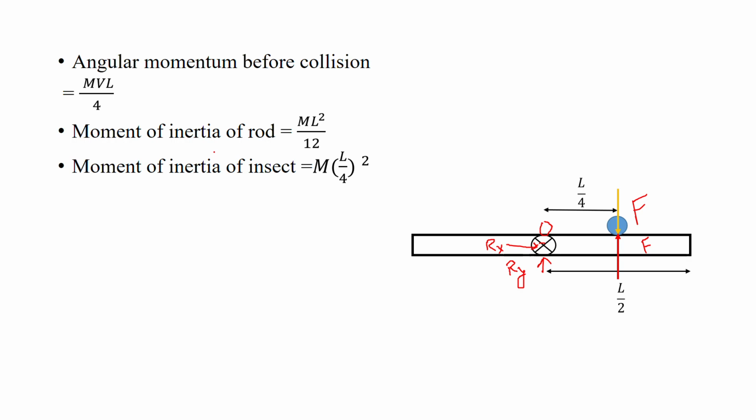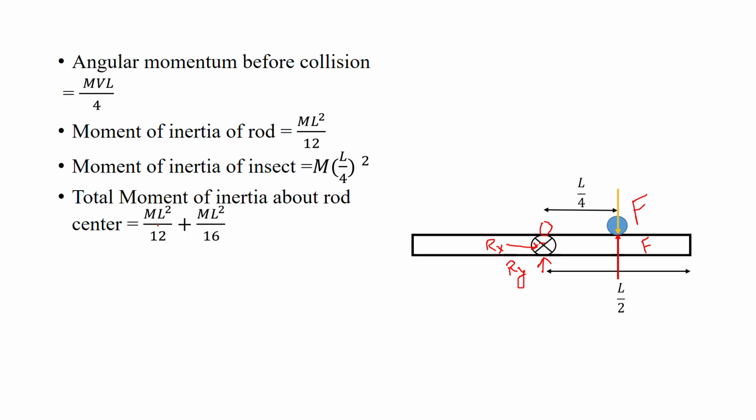we have to first find the moment of inertia of the system. So moment of inertia of rod is ml square by 12, and moment of inertia of insect is m l by 4 whole square. So total moment of inertia becomes ml square by 12 plus ml square by 16.